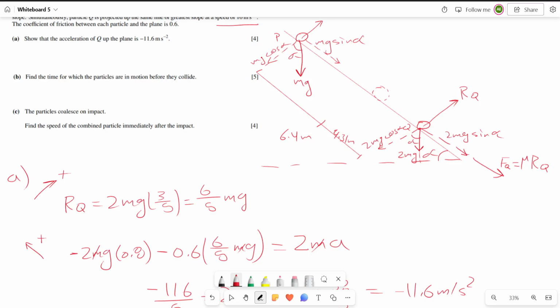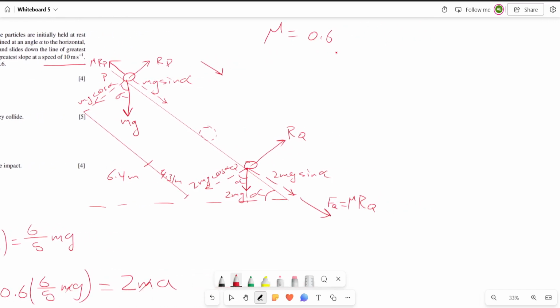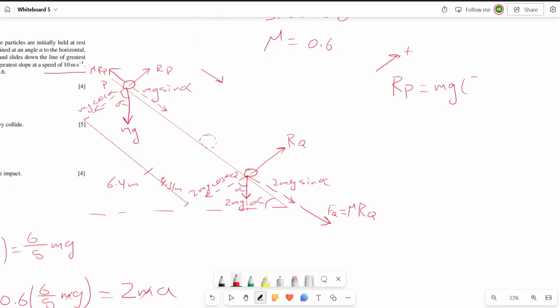I will have an RP, and now the direction of motion is downward, so the friction always opposes the direction of motion, so it's going to be this side, and it's going to be the maximum friction, so it's going to be mu RP. So now let's resolve P in this direction first to see what's happening. I know that RP should equal mg cosine alpha, and I know cosine alpha is 3 over 5. So basically, this is the first equation.